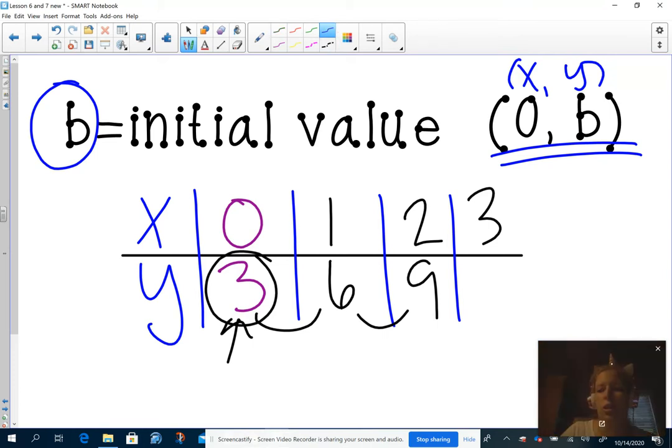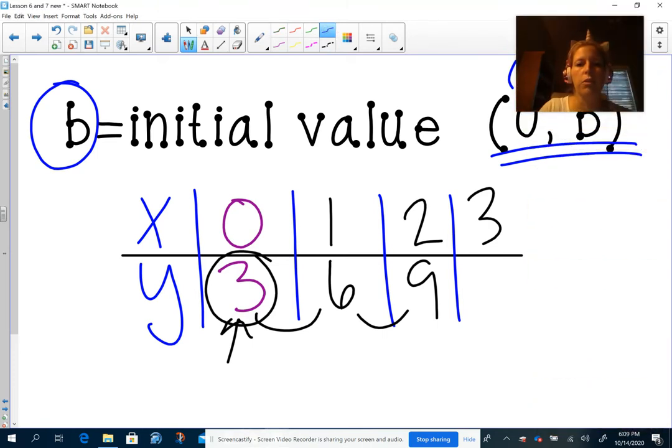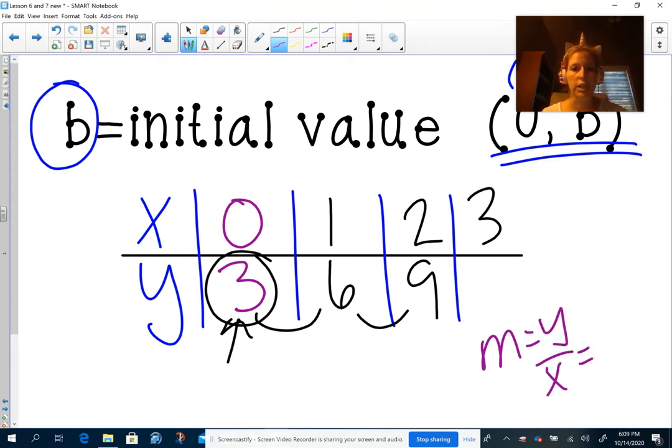Just like we were discussing, Friday we did tables. We talked about the rate of change. And my rate of change, remember, is my y over x, the change of y over the change of x.